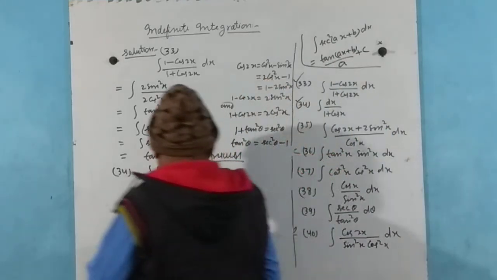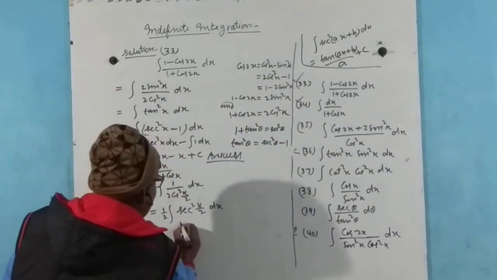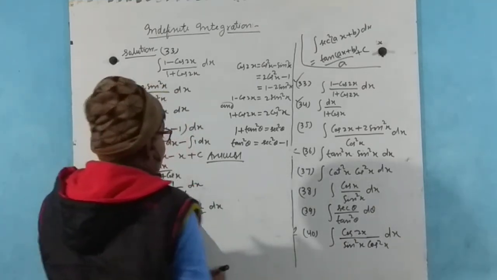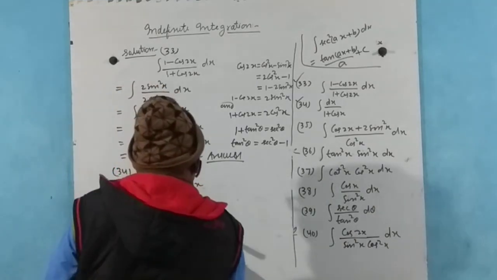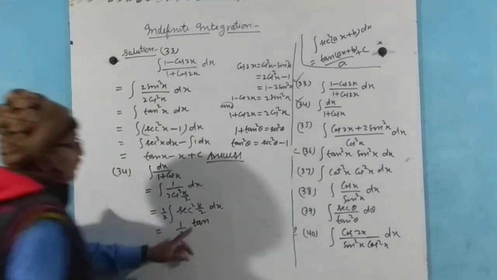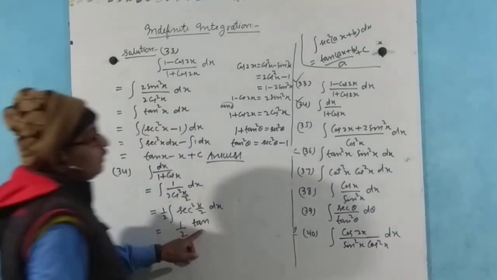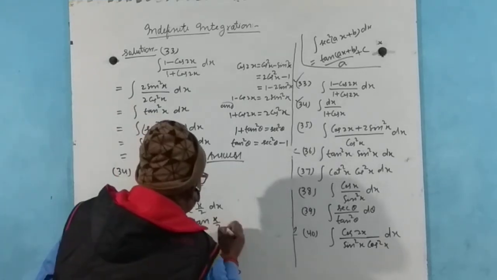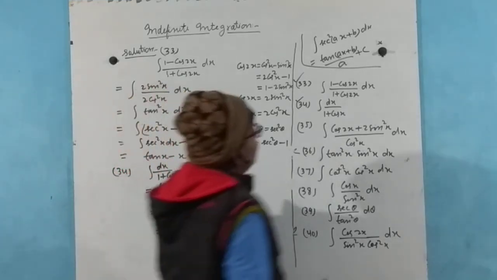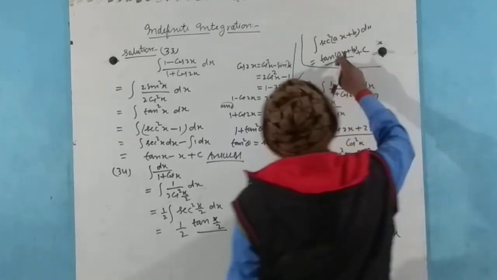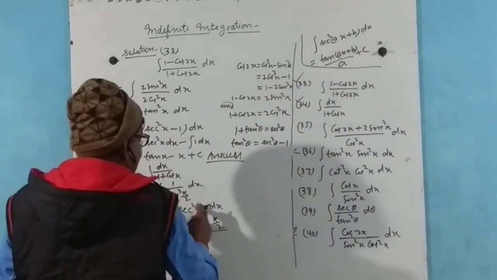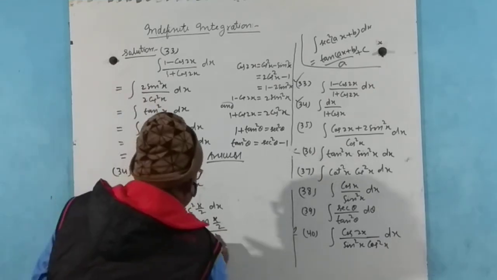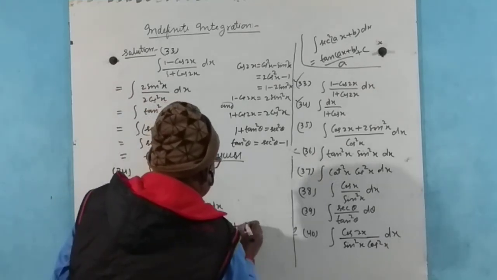Apply this here: 1 by 2 sec square, so that tan x by 2 divided by 1 by 2 plus c.